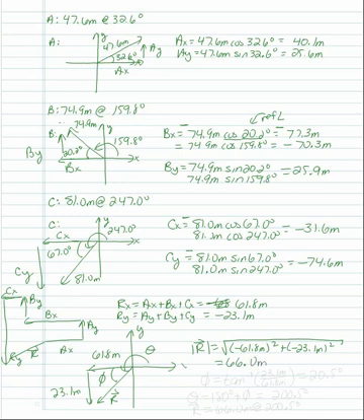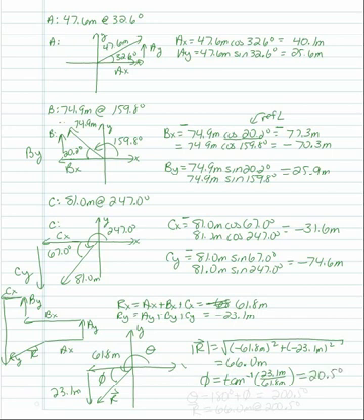To find the reference angle phi, phi is the inverse tangent of 23.1 meters over 61.8 meters. Notice, no negatives. We are pretending this is a first quadrant angle. Reference angles have to be between 0 and 90. When you do this, you get 20.5 degrees.